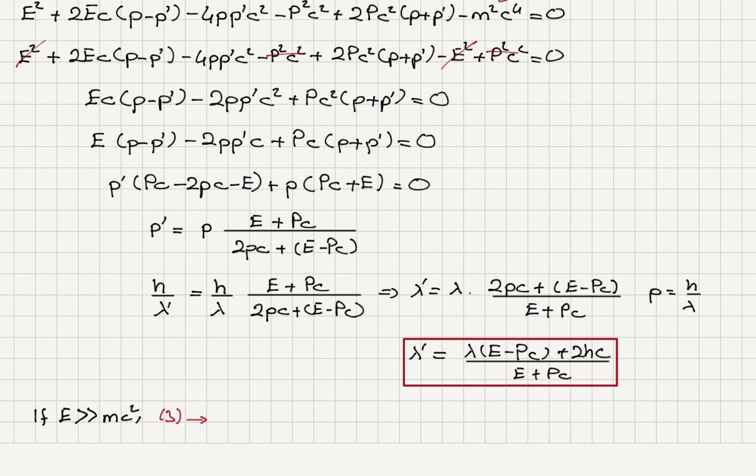Capital P times C is equal to the square root of capital E squared minus (mc squared) squared, and this can be written as capital E times (1 minus (mc squared divided by capital E) squared) to the power 1/2.